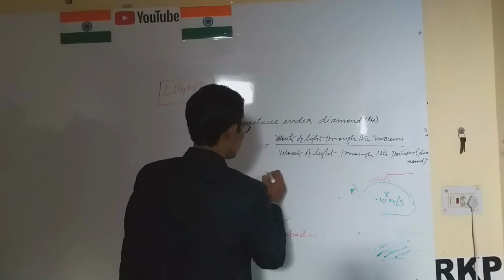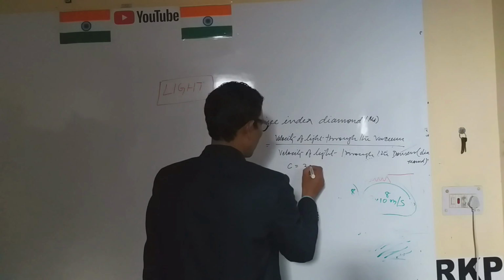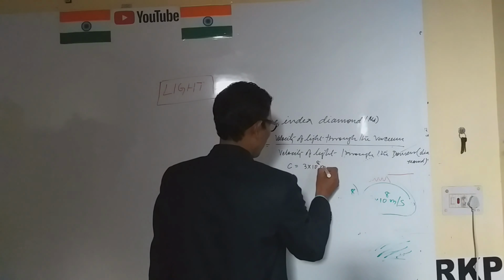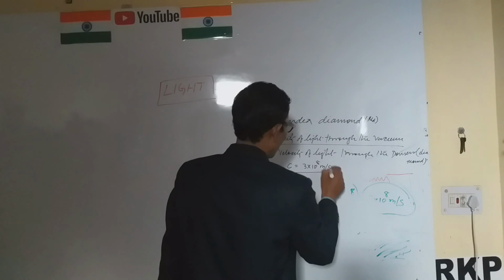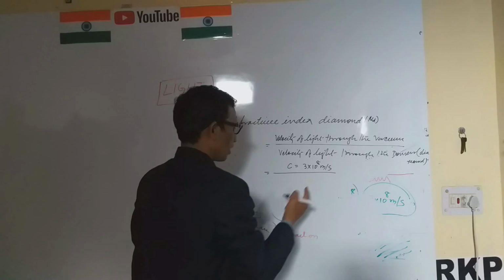Okay, so this is the velocity of light through the vacuum, that is C, and its value is 3 into 10 to the power 8 meter per second. And the velocity of light through the medium, that is diamond, we have to find out.